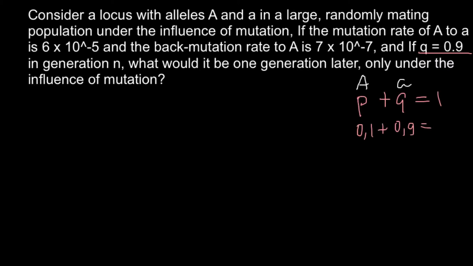Together this gives us 1. So we have two types of alleles, dominant and recessive.